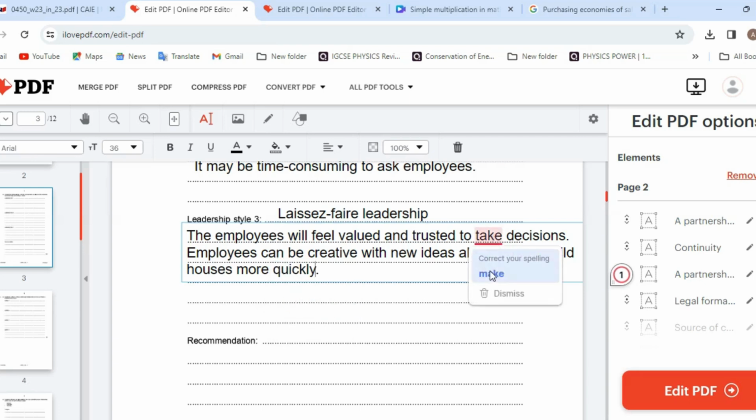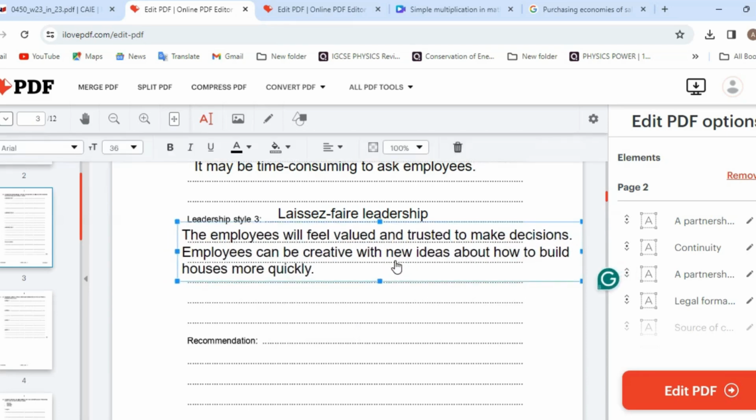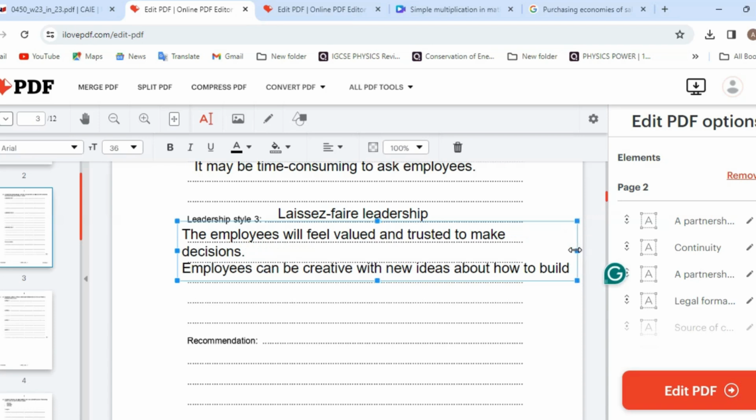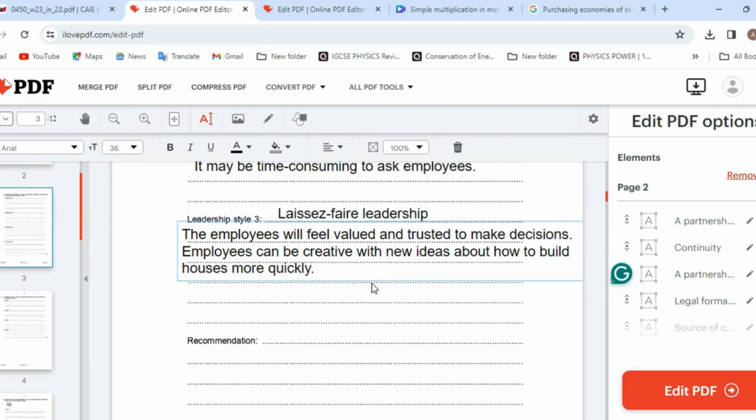Let's see what laissez-faire can bring as a disadvantage. Using laissez-faire, communication between the manager and employees will be difficult as the manager has little involvement in the decision making.